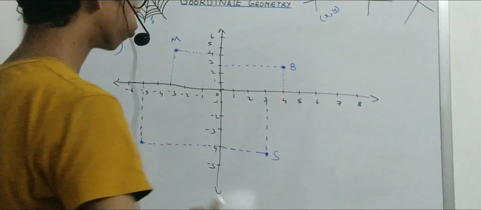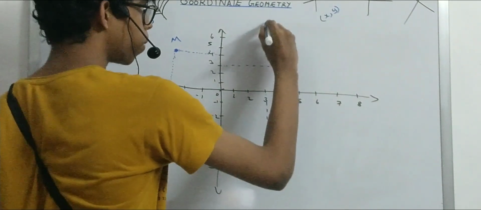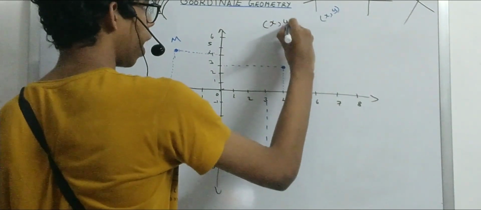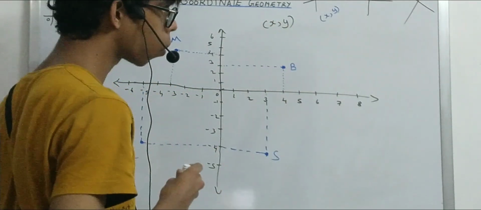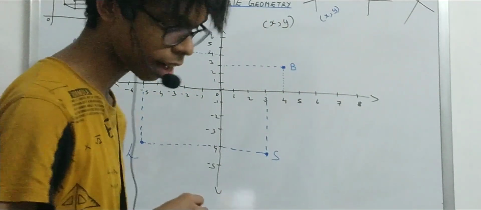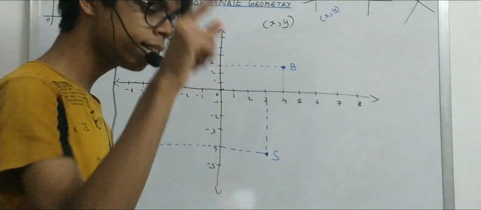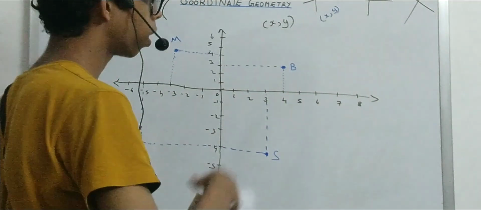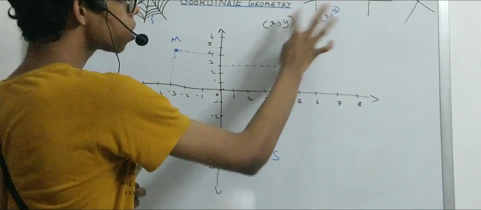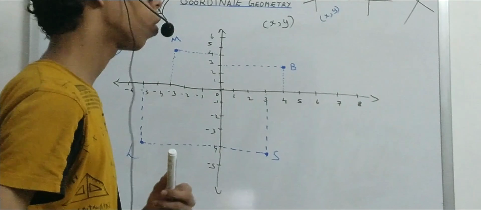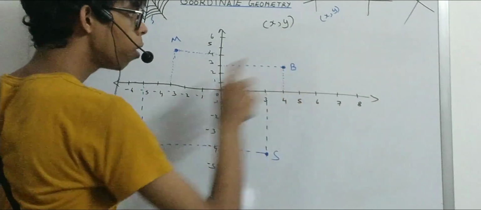I have told you that whenever we are plotting a point on the Cartesian plane, it will be of the form x comma y, where we call x the x coordinate or abscissa, and we call y the y coordinate or simply the ordinate. And this full thing, x comma y, we call the coordinate.